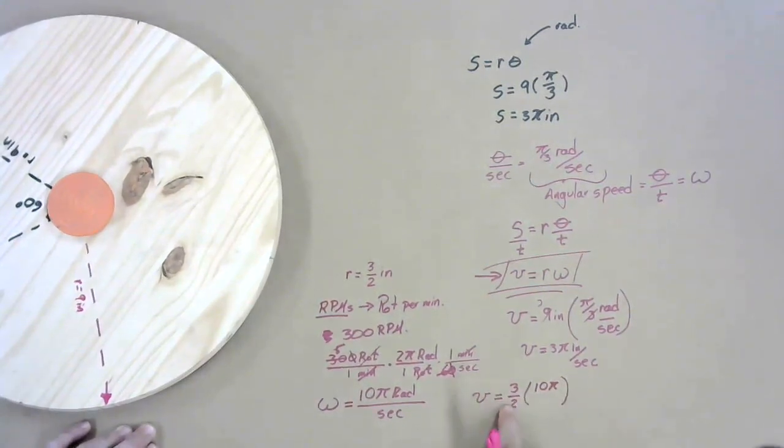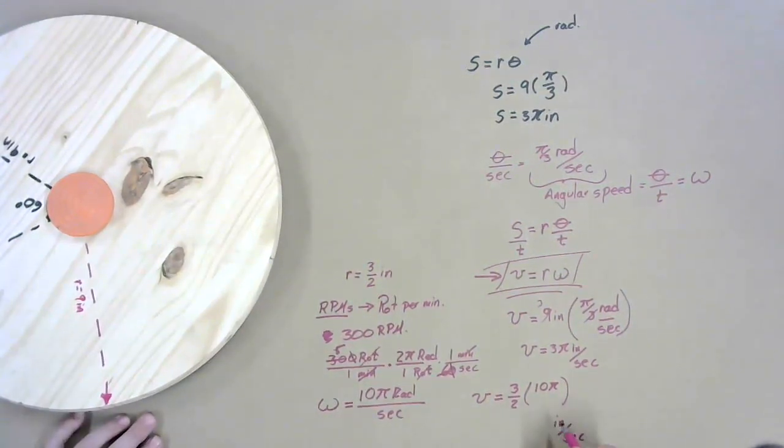So this is inches times radians per second. Our result is going to be inches per second. Again, because radians are a ratio unit, they don't contaminate our units in calculations. So cancel those, get a 5, and we've got a nice 15 pi as our linear speed. So 15 pi inches per second.